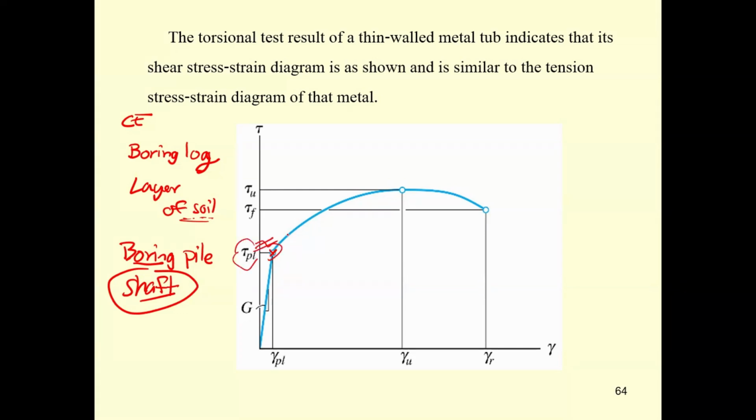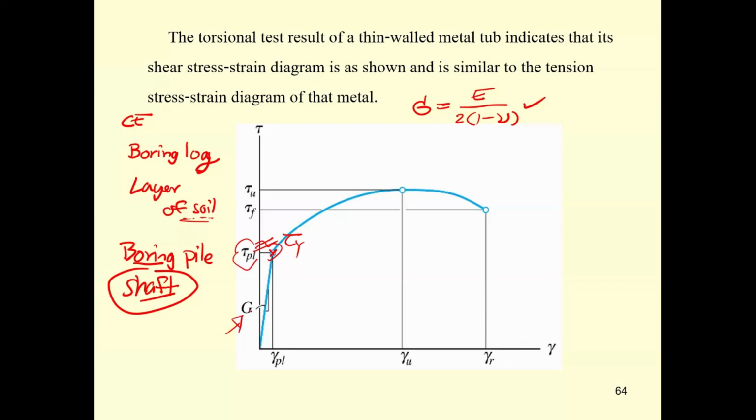And most of the time, tau yielding is assumed to be equal to the proportional limit shear stress. And then the slope over here has to be G. Actually, G can be computed from the modulus of elasticity divided by 2 times (1 plus Poisson ratio), and that is going to be an indirect computation.